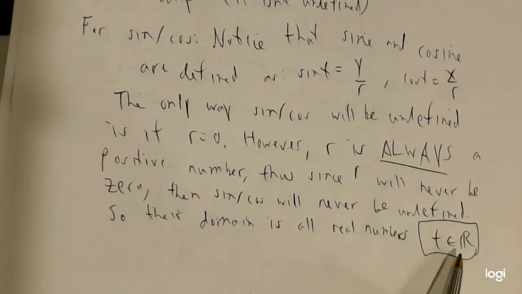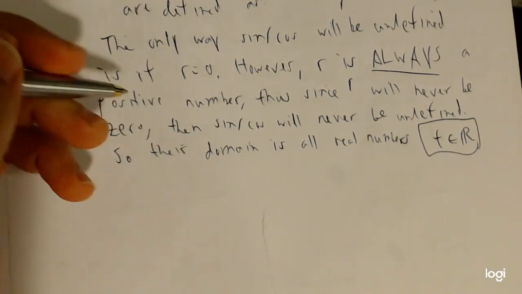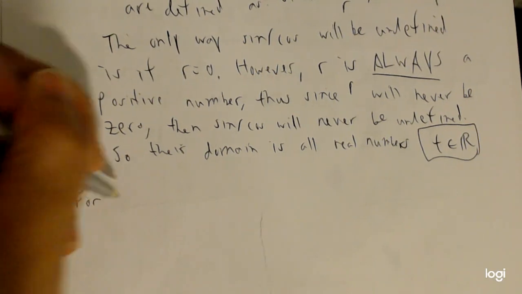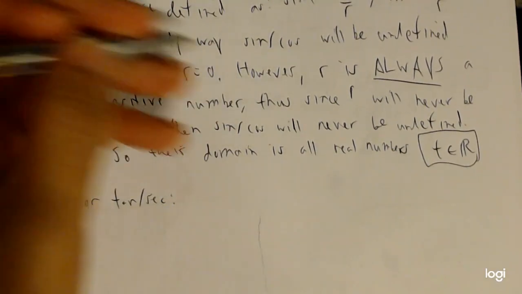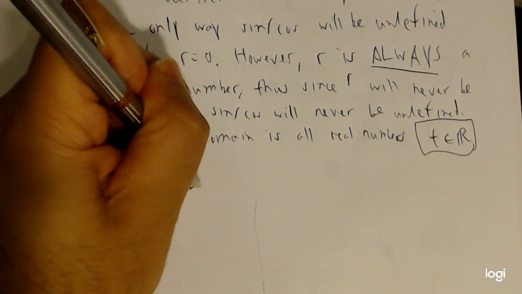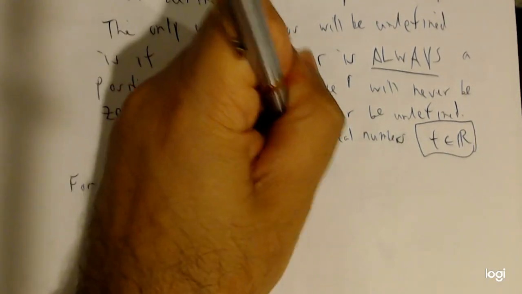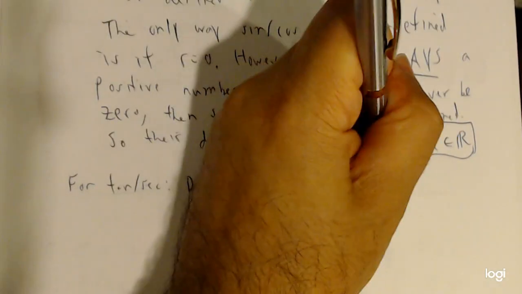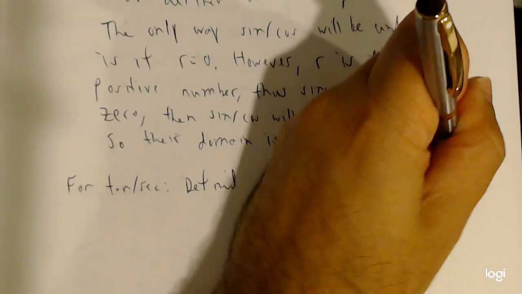So don't ever expect sine or cosine to be undefined, okay, because they won't be. So let's now talk about tangent and secant. For tangent and secant, let's talk about what they're defined as. And we know that they're defined as tangent of t is y over x, and secant of t is r over x.